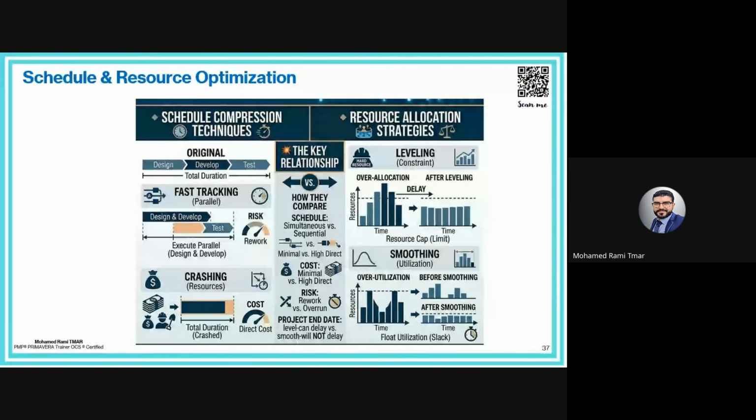So let's start by discussing fast tracking and crashing. These are techniques, like we said, used to accelerate the schedule. Fast tracking means performing activities in parallel instead of sequentially. Yani, we will play only on the type of link. Instead of using finish to start, we will use start to start or finish to finish, parallel links in general.